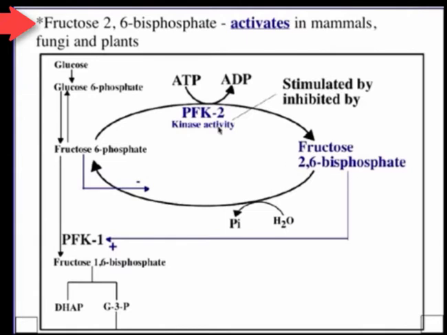So PFK2 is a kinase, as we recognize. It does transfer a phosphoryl group from ATP to make a doubly phosphorylated fructose molecule, and this is the regulator, okay? So fructose 2,6-bisphosphate is the feed-forward activator of PFK1.